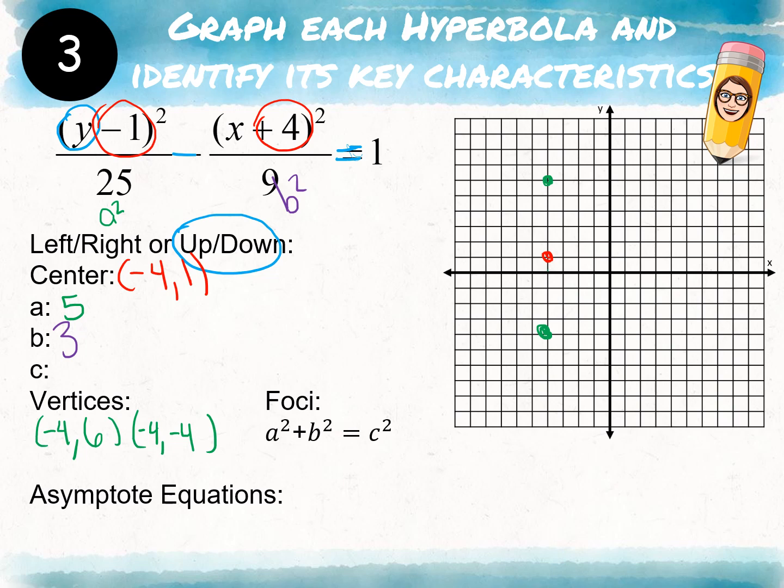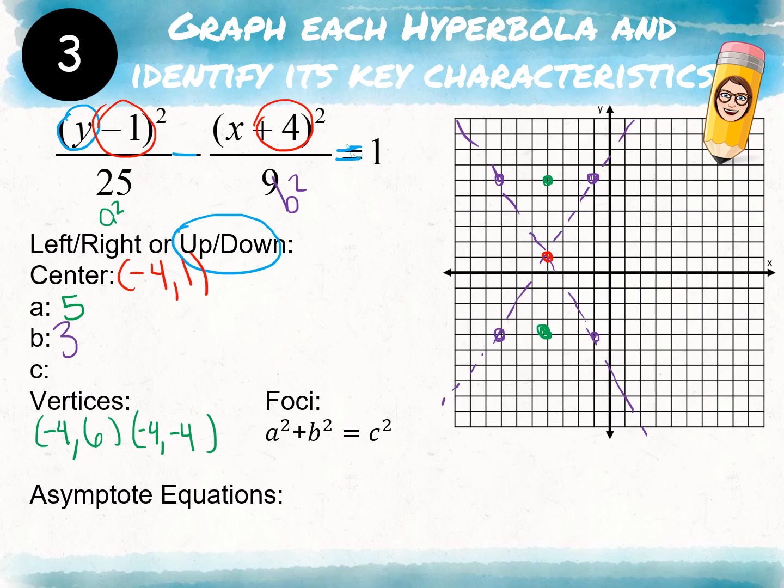And so you'll know pretty quickly that doesn't make sense. I need to go 3 east and west from my vertex, because my goal is to have slanted asymptotes that create this perfect x and create that orientation of an up-down hyperbola.